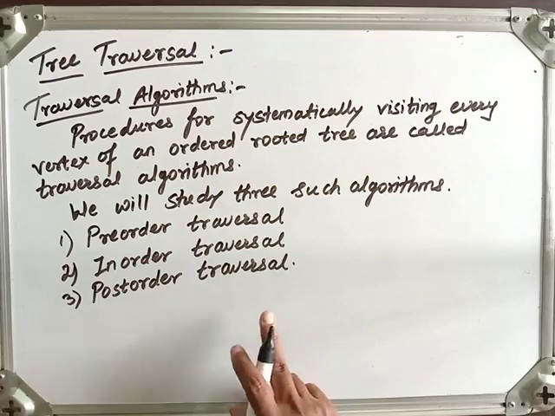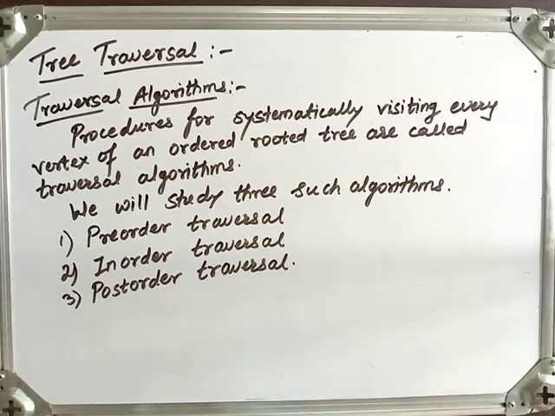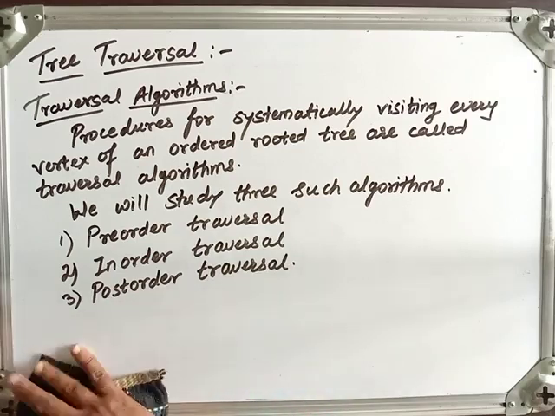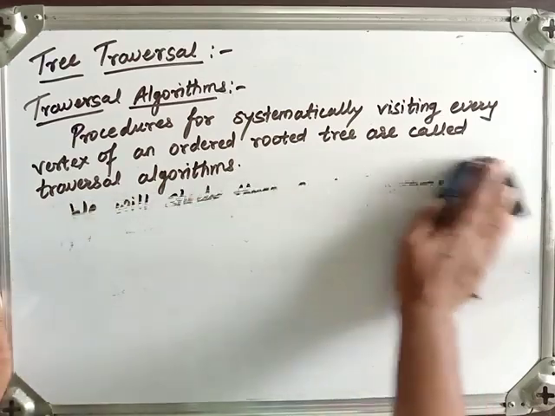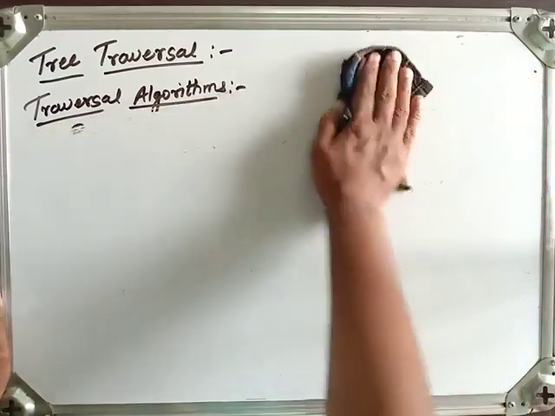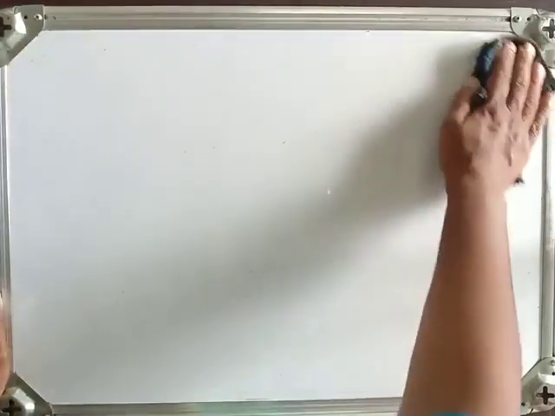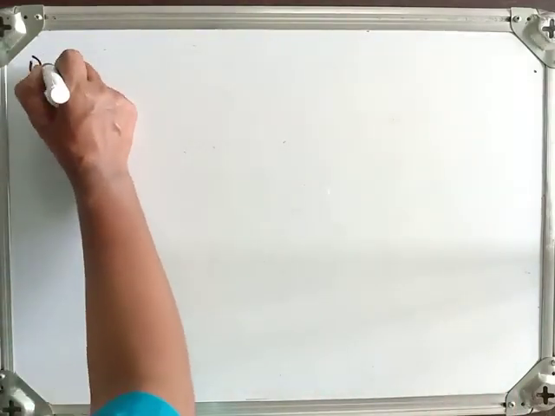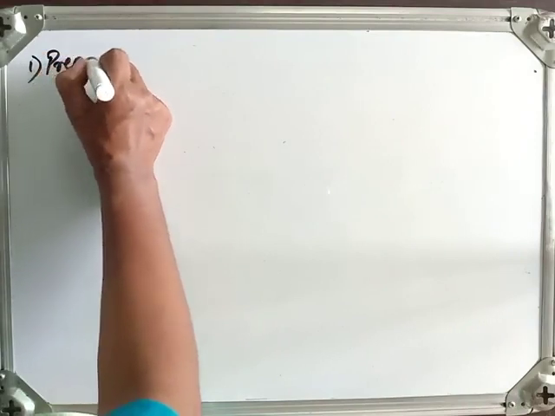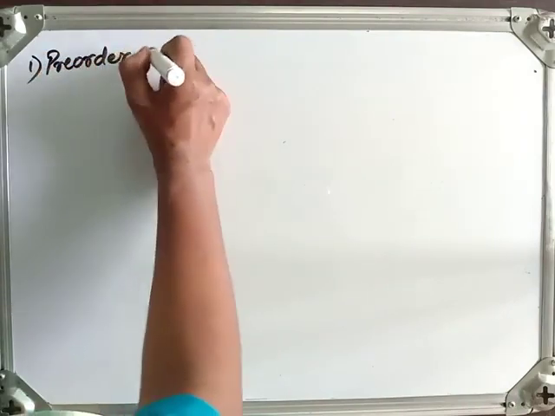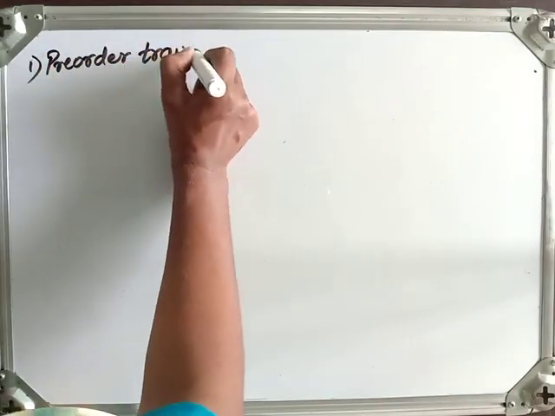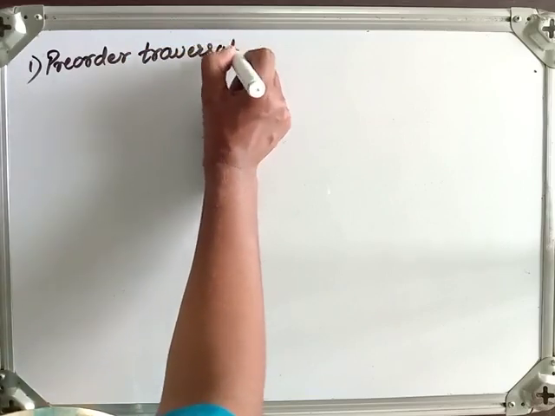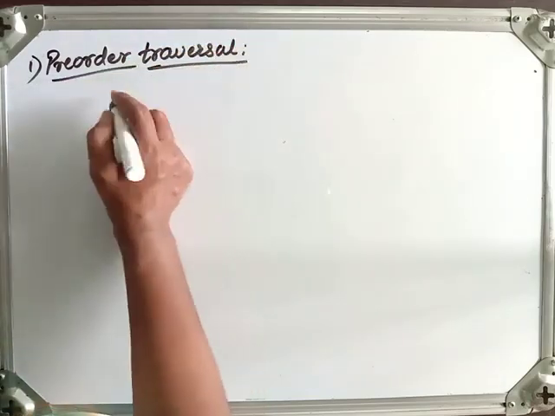Okay, now let's see the definitions of each one: preorder, inorder and postorder. Let me give these things in detail to you. First, preorder traversal. Now what is it?